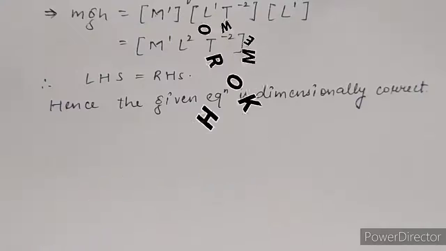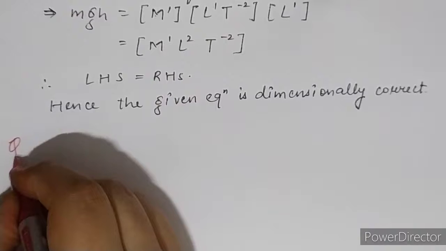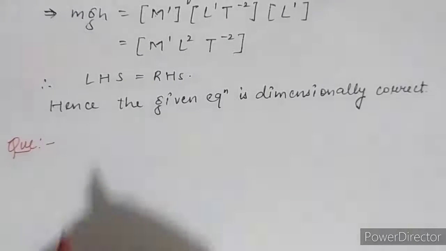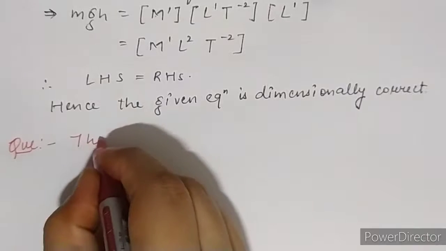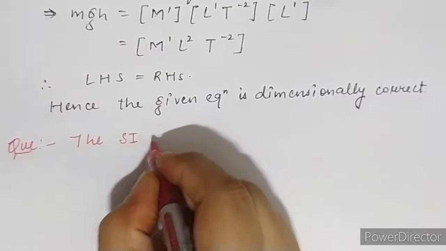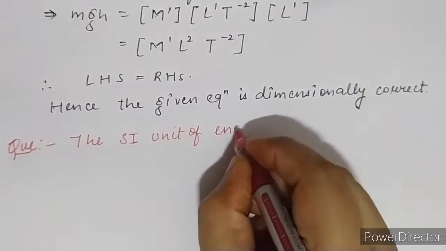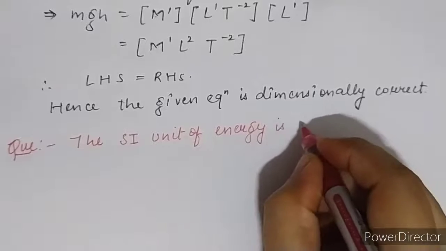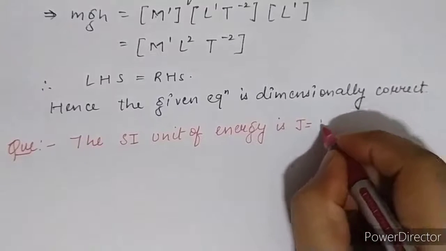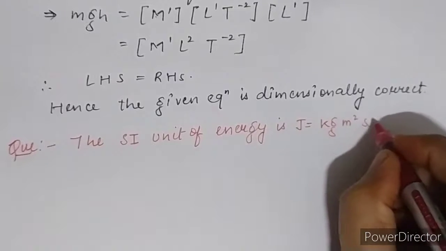An example for this type of application, and the question is: the SI unit of energy is joule equals kg meter square per second square.